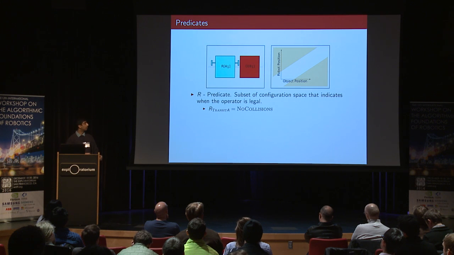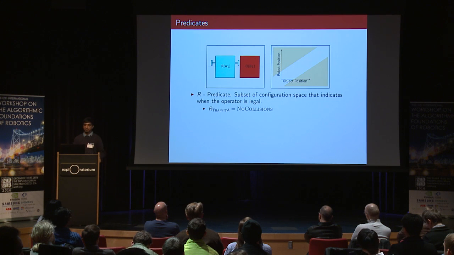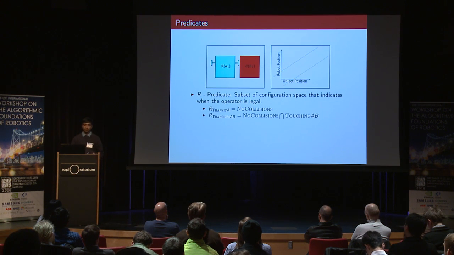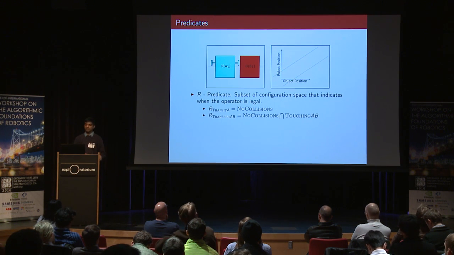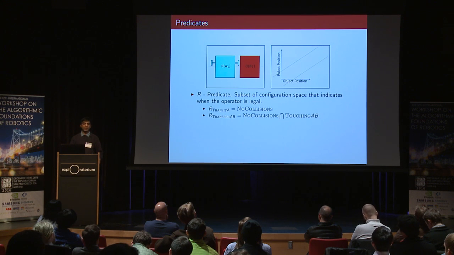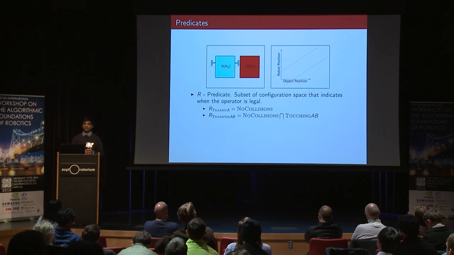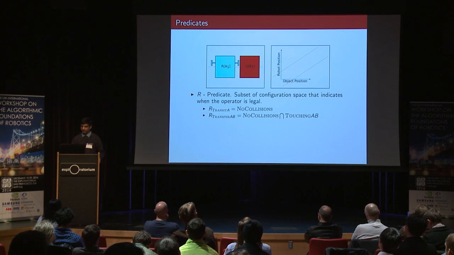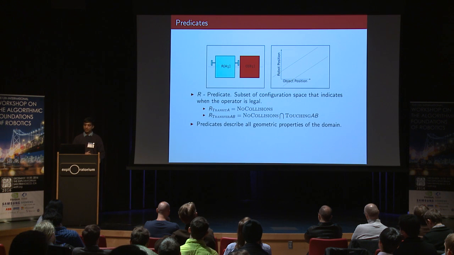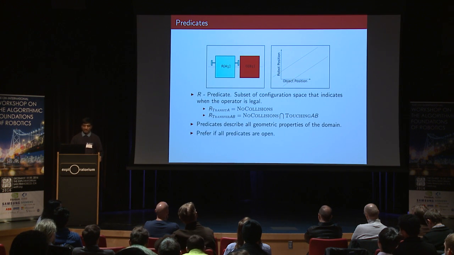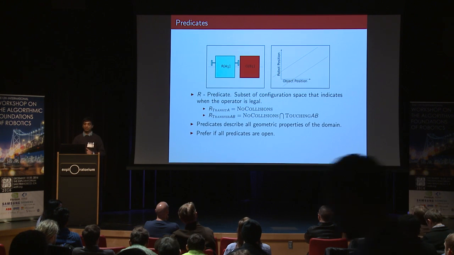So for the one-dimensional PTAMP case, we get the two triangles as the predicate. For a transfer operation, we may want the additional constraint that the robot and the object have to be touching during the manipulation, in which case we get two one-dimensional lines. And the interesting thing is that the predicates actually describe all the geometric properties of the domain. There's no additional structure needed. And we really prefer when the predicates are open, because that makes our life easier, as we'll see later on.